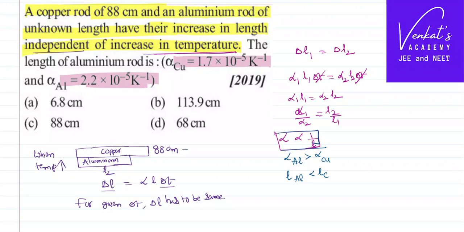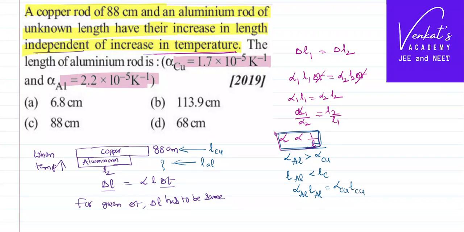The length of copper is already given for you. Length of aluminum is what we have to find out. So based on this relation I can write alpha of aluminum times length of aluminum equal to alpha of copper times length of copper.